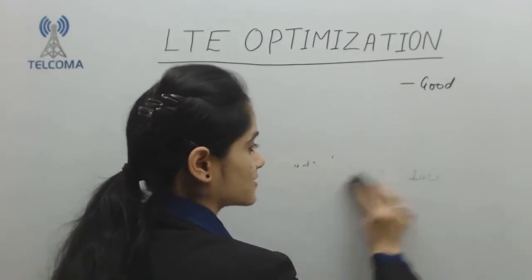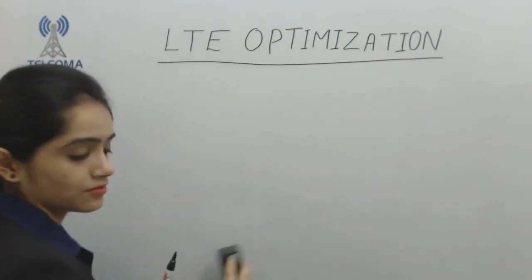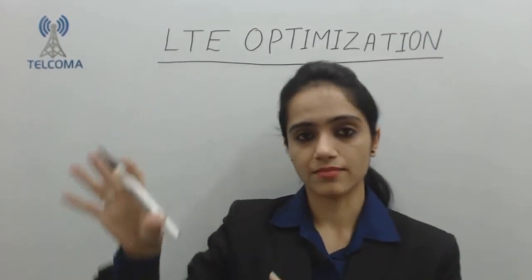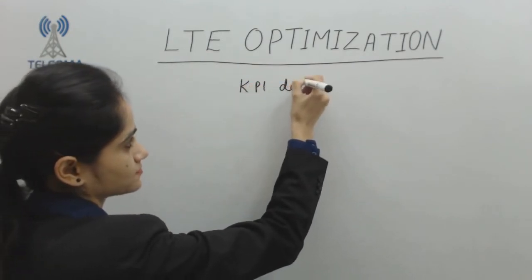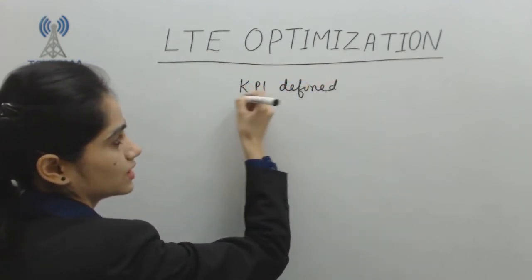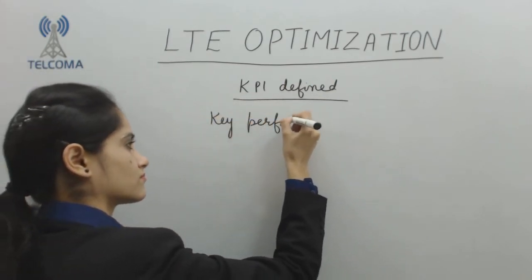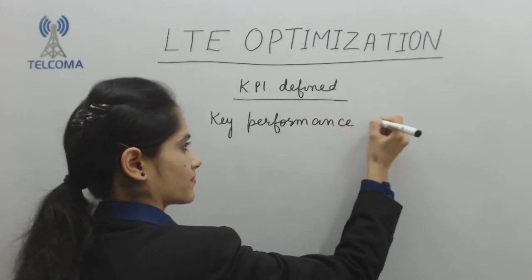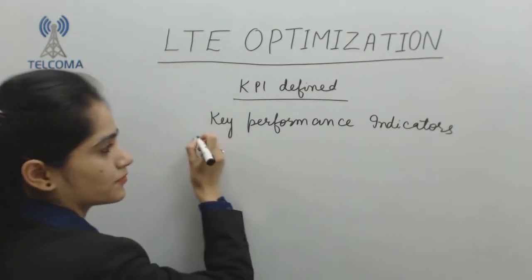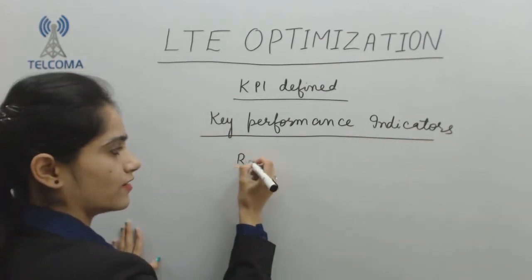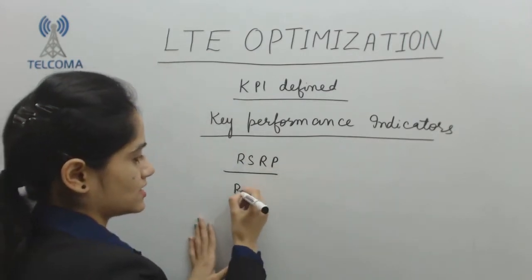As we have a number of parameters in our network, like one I have told you, RSRQ, each and every radio parameter has a KPI defined. KPIs are key performance indicators, for each and every parameter, like one is RSRP and another is RSRQ.